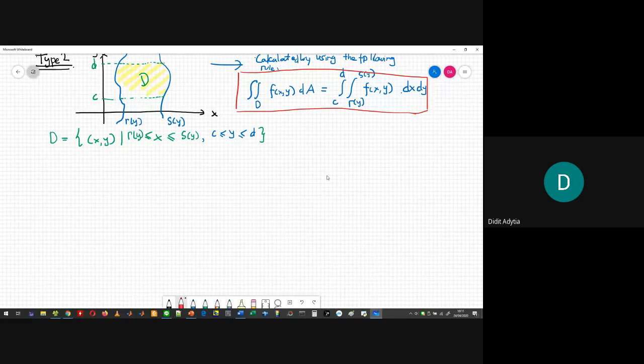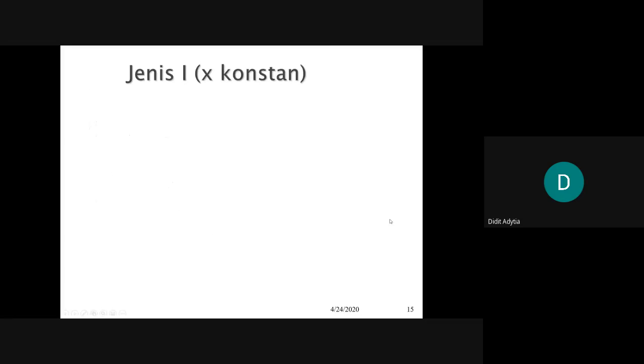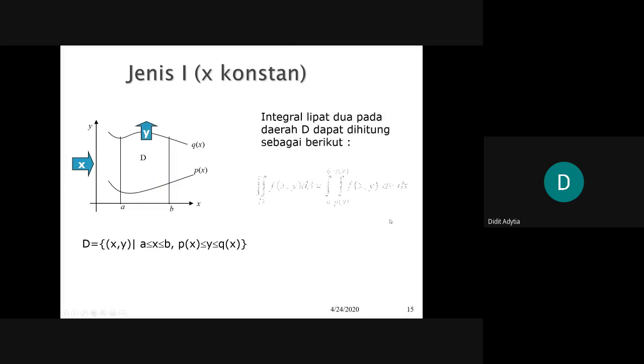So now we go to the examples. Okay, so we now look at the materials. So this is what we just discussed. First, we calculate in the y direction.